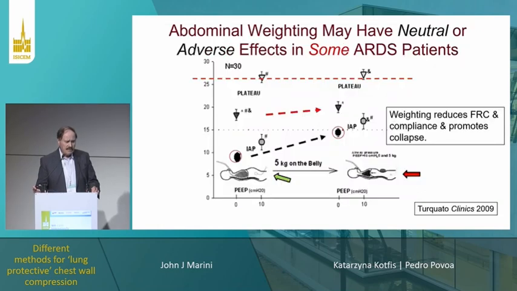If we look at abdominal weighting instead of chest wall weighting, it usually has neutral or adverse effects in some ARDS patients. I don't want to go in detail in this slide, but basically the plateau pressure does not improve whether you're at a low level of PEEP or a high level of PEEP when you place a 5 kilogram weight on the belly.